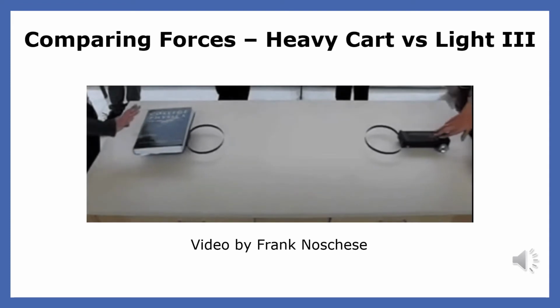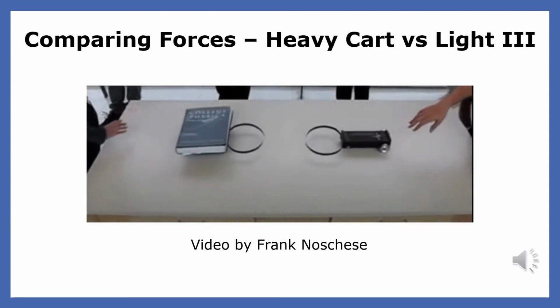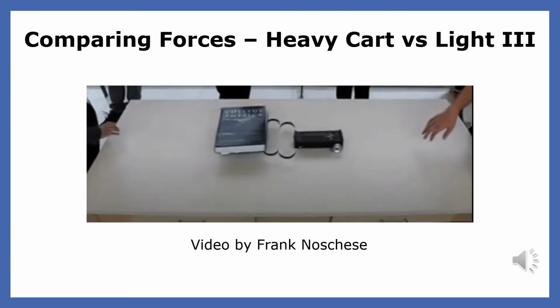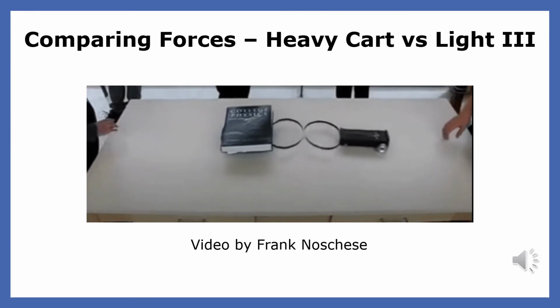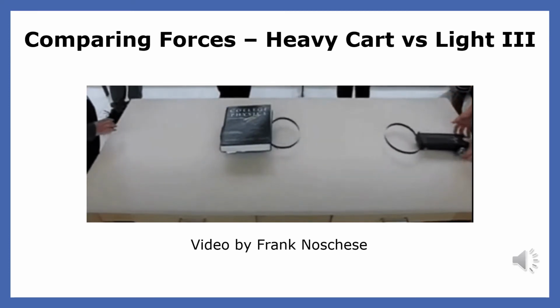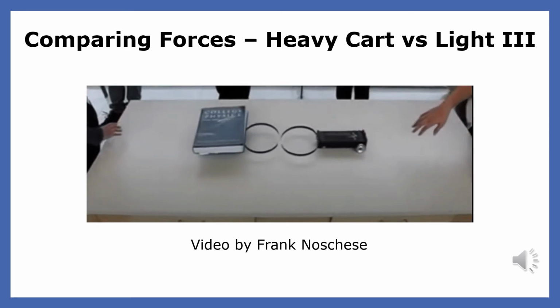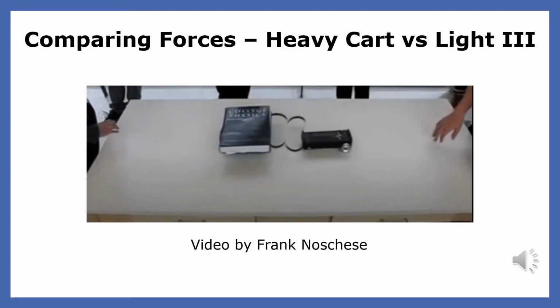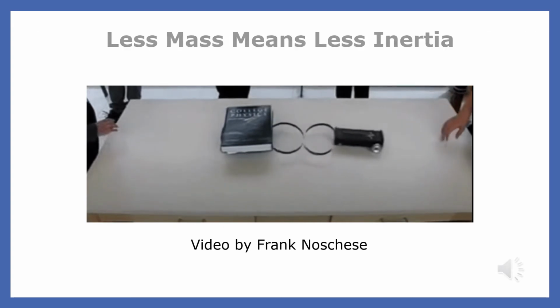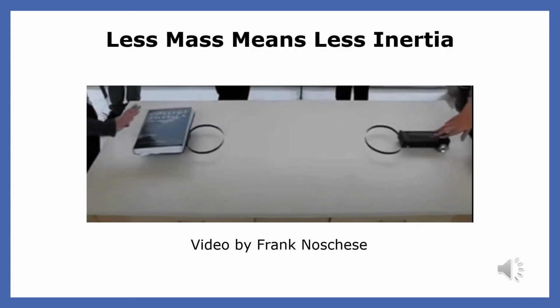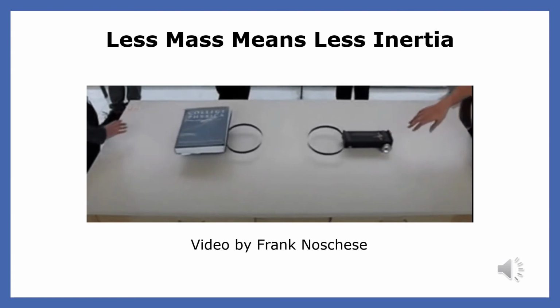Most people viewing this interaction would assume that the cart on the right received the greater force because it received a much larger acceleration. If we go back to our definition of inertia, we might make better sense of what we are seeing here. Inertia is an object's resistance to a change in motion due to its mass.